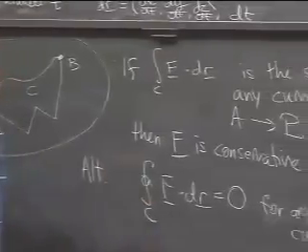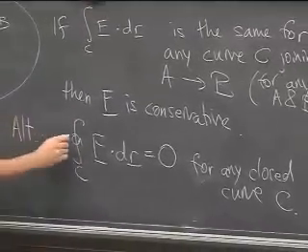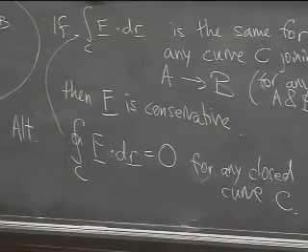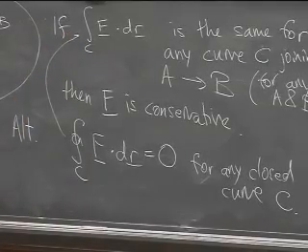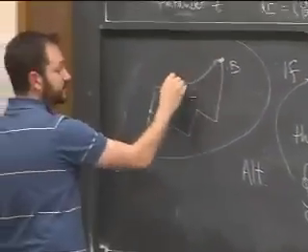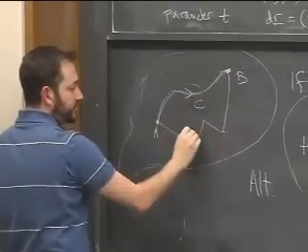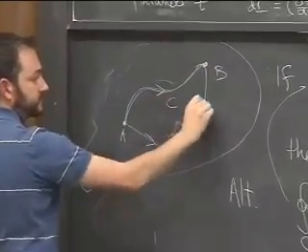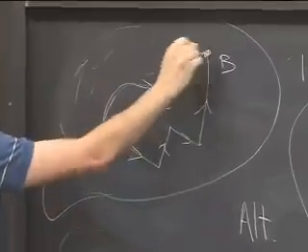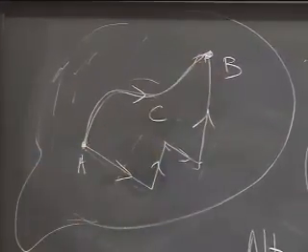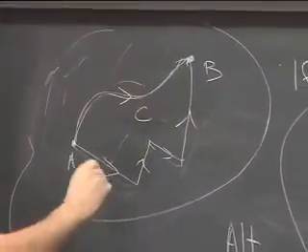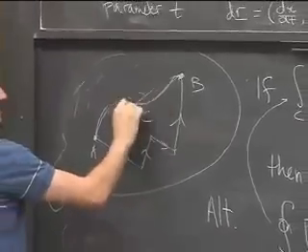Okay, so why is that true? Why is that an alternative condition for conservative? That this is equivalent to this path independence. Well, it's not so bad. If you get the same integral going from here as going along here, so you get some value for the integral there, you get some value going there. Well, what if you instead go backwards here?